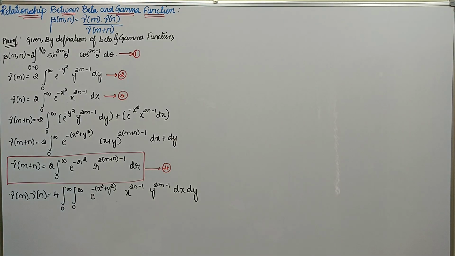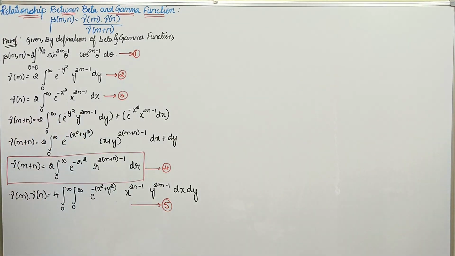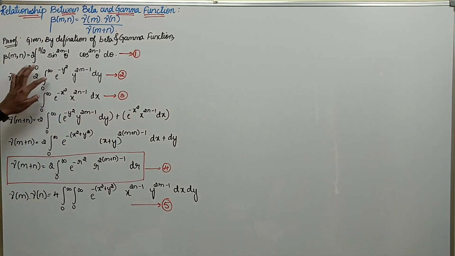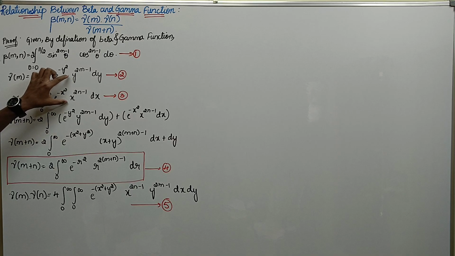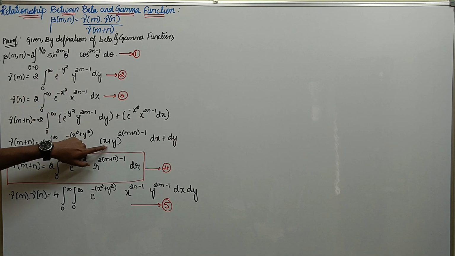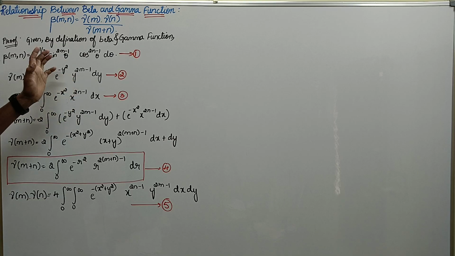Got the point? This we call as equation number 5. Since the bases are same, I can add the powers, but here we can't multiply these two and represent them as common, so we have taken them as separate itself.